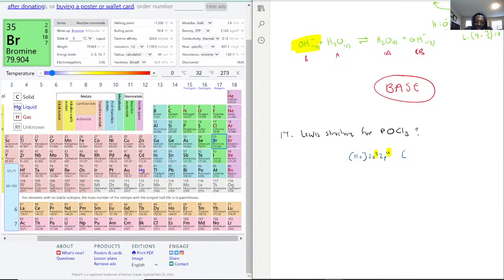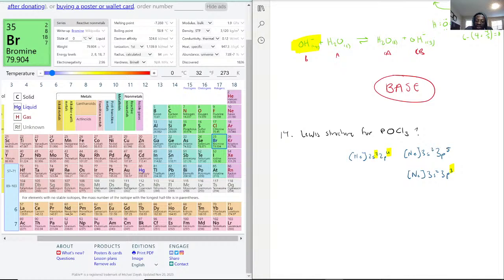Chlorine, same thing, it starts at neon this time instead of helium, and it'll be 3s2, 3p5. And now phosphorus is just 2 behind that. So starting at neon again, 3s2, 3p3.